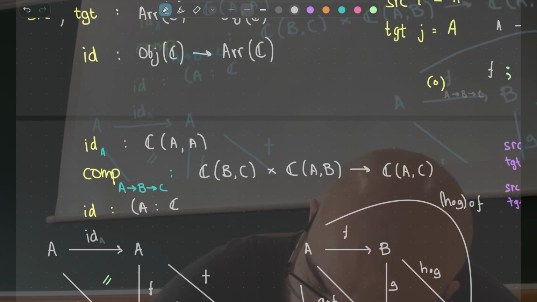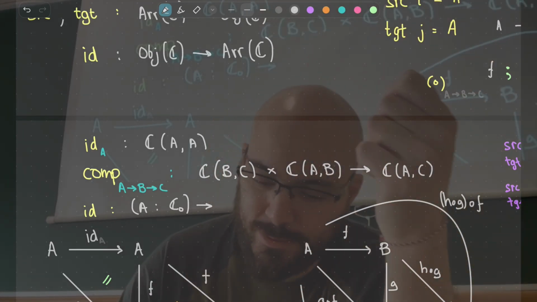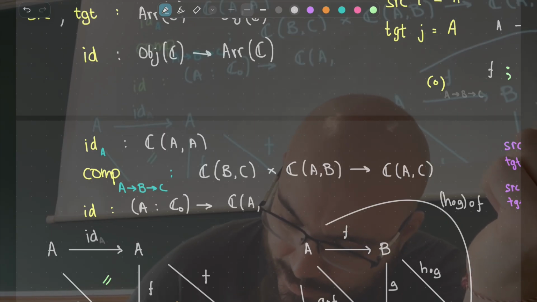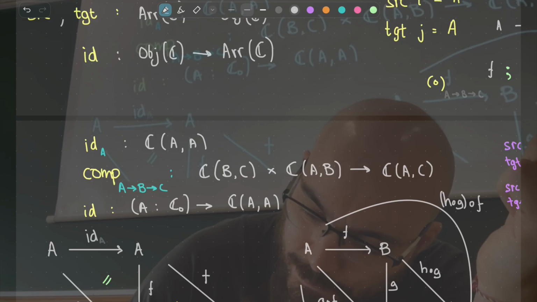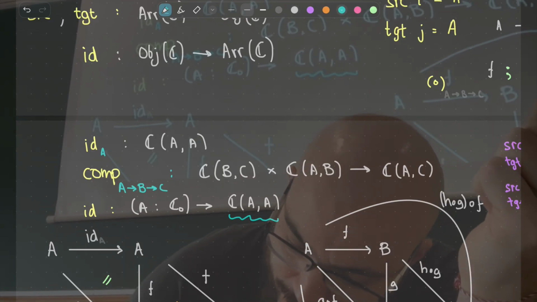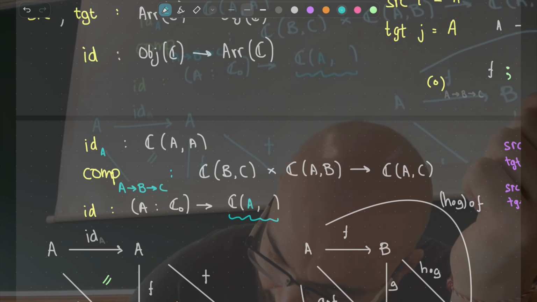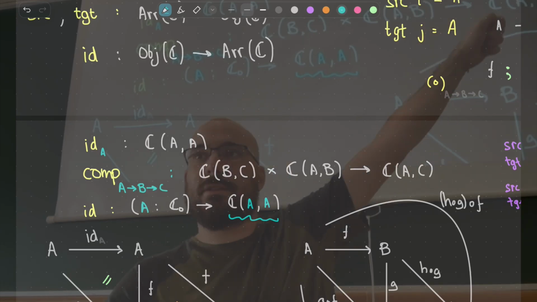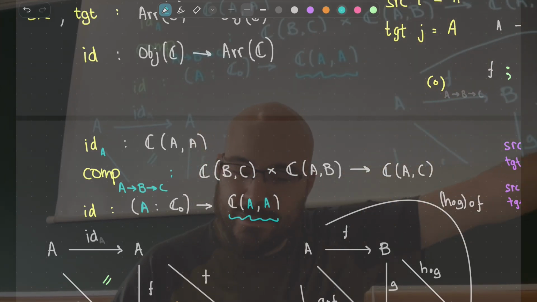Remember, I'm denoting objects by C0. And then, taking an A, it gives you back what? Something of this type. And this is the dependency of the dependent types, because this type depends on what the input was, not the domain, what the identity received.